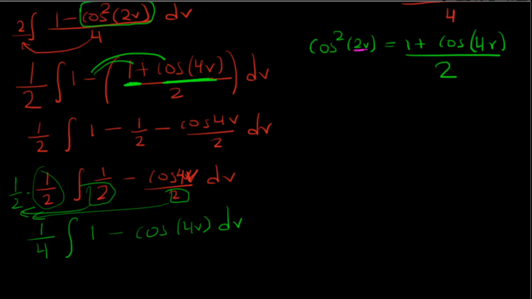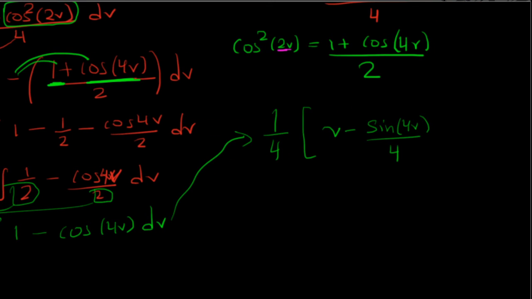And move that over here. That'll be 1/4. And then the antiderivative of 1 is just v. Cosine 4v, well, we have negative cosine 4v, so that would be negative sine 4v. And by chain rule, we have to divide by 4. And then because we're doing the integral here, we need the plus the constant.